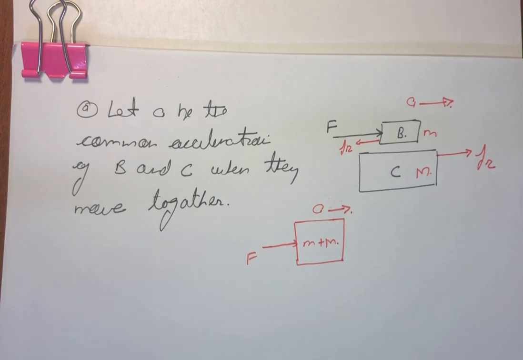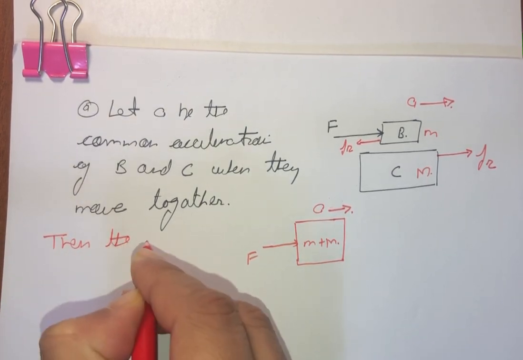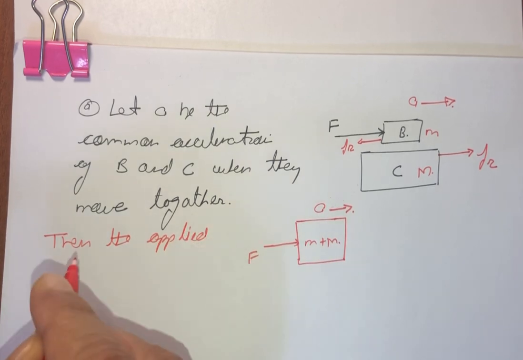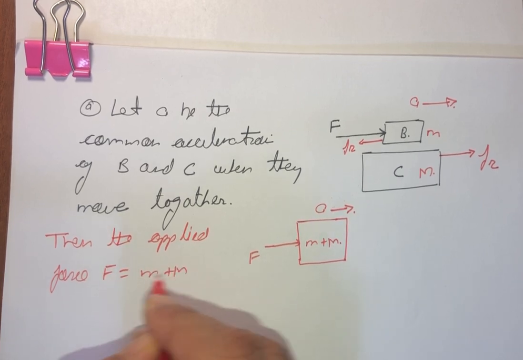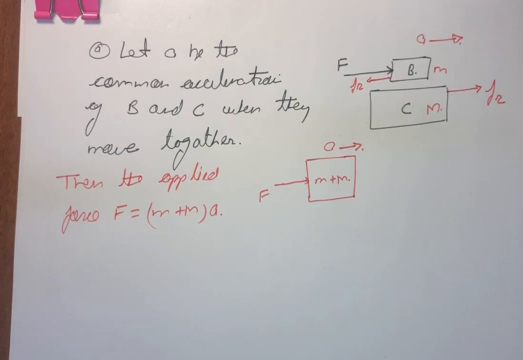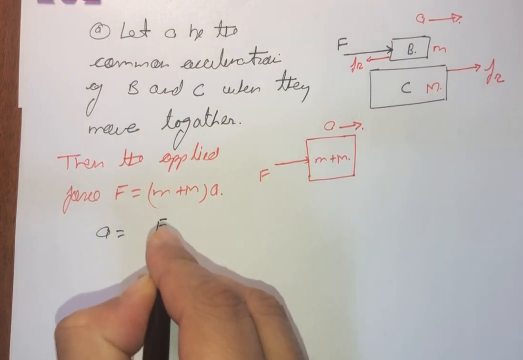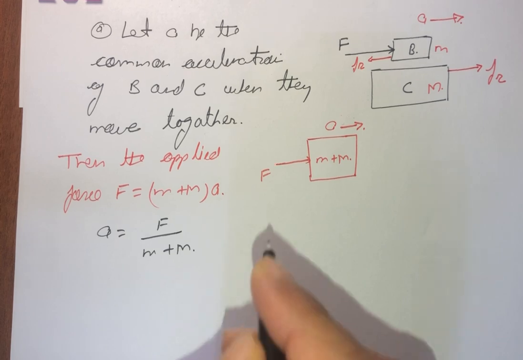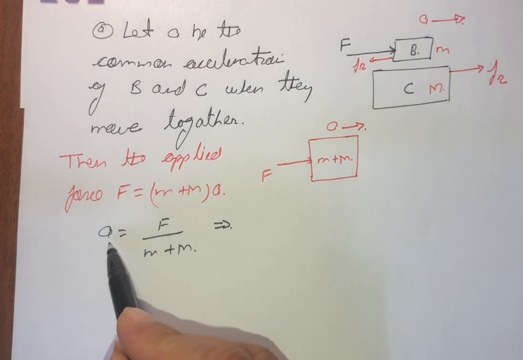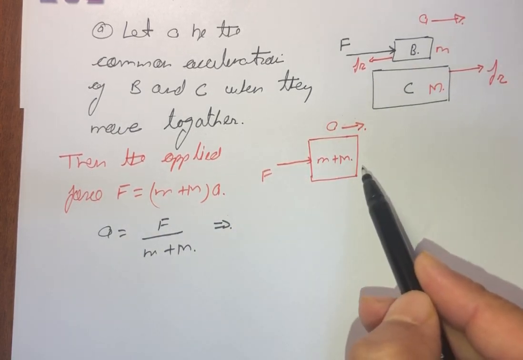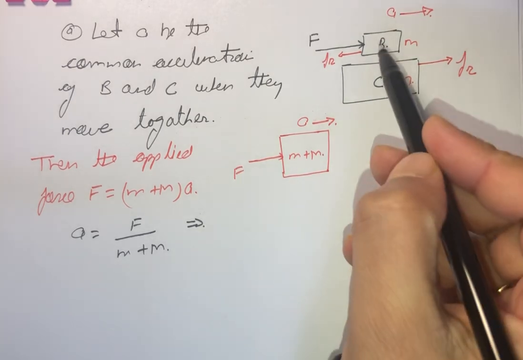So from here we can say that the applied force F is equal to m plus capital M multiplied by A. Or from here we can find out A will be equal to F upon m plus capital M. From this also we can draw a conclusion that this acceleration will be the maximum acceleration such that both B and C move together, or we can say B does not slip on C.